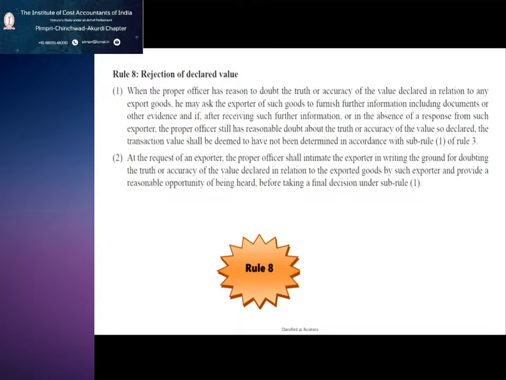Then, at the request of the exporter, the proper officer intimates the exporter in writing of the grounds for doubting the truth or accuracy of the value declared. So there are two things. Suppose I want to export. I am submitting my documents at the Mumbai harbor. I am going to export some product, ABCD.